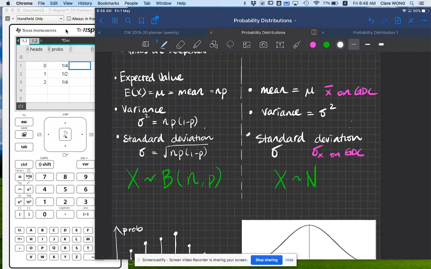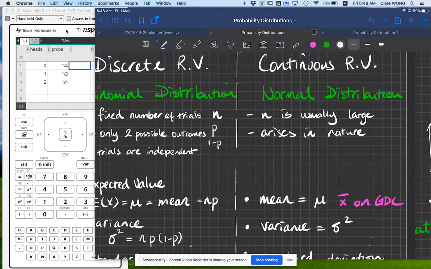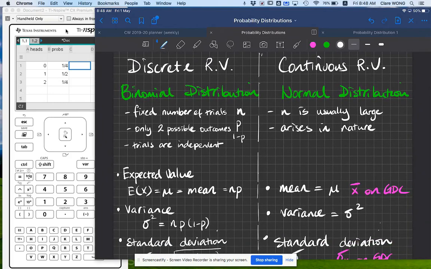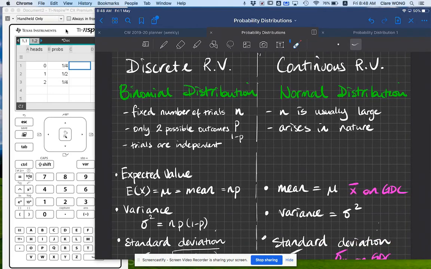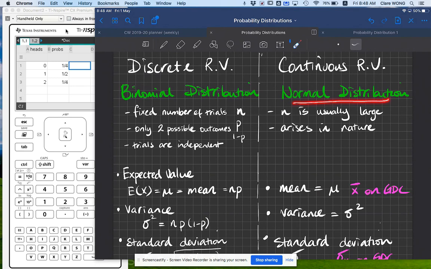Now, comparing it with the normal distribution. The normal distribution is a distribution dealing with a continuous random variable. And it's usually large, so you're dealing with very large numbers. And it arises in nature a lot.